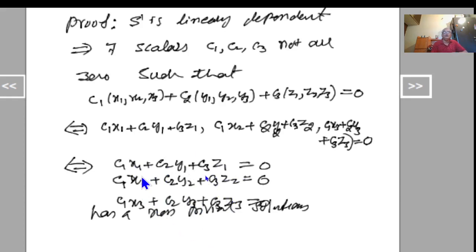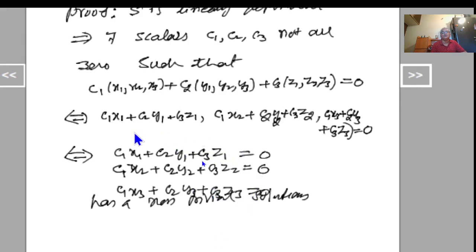This is a homogeneous system of equations. Here we have two solutions. One is the trivial solution, another one is the non-trivial solution. When do we get a trivial solution? That is, all of them equal to 0 when the determinant of the coefficients is not equal to 0. And we have non-trivial solutions if the determinant of the coefficients is equal to 0.